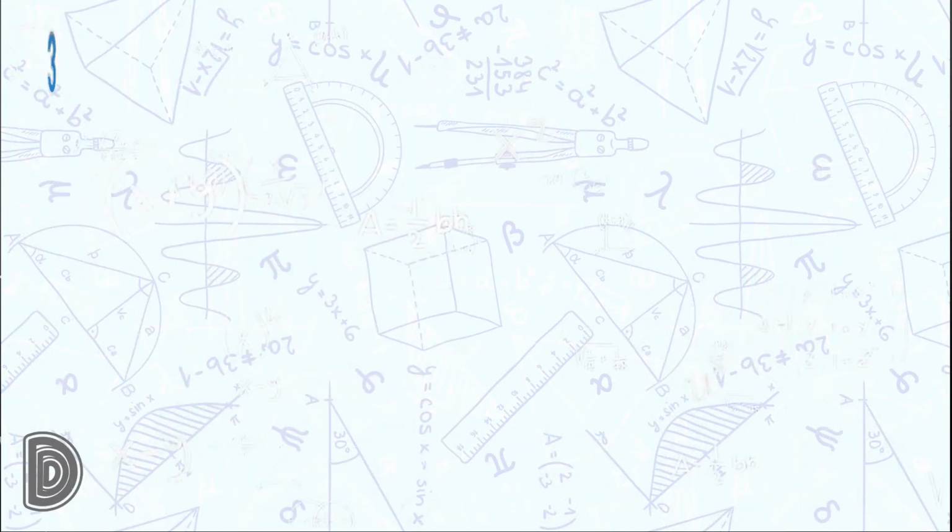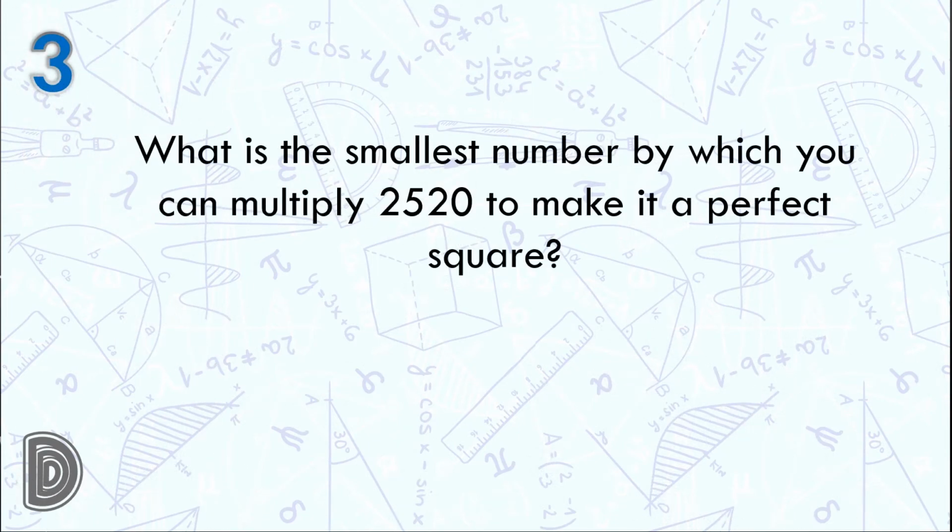Question number 3. What is the smallest number by which you can multiply 2520 to make it a perfect square?